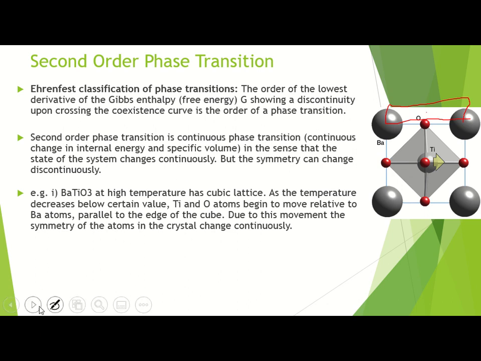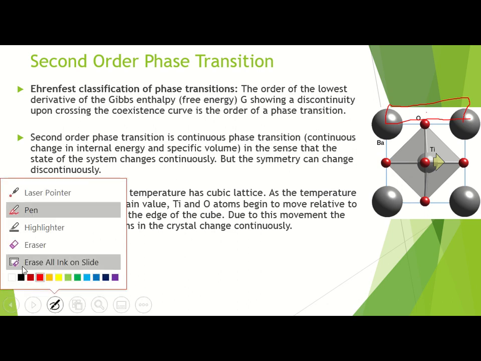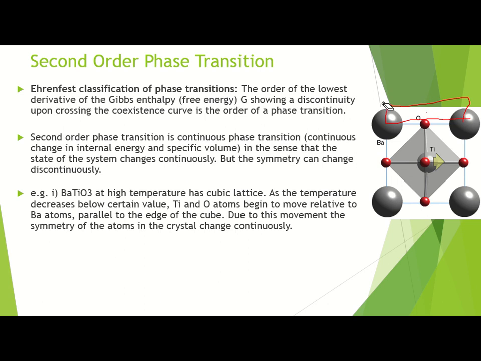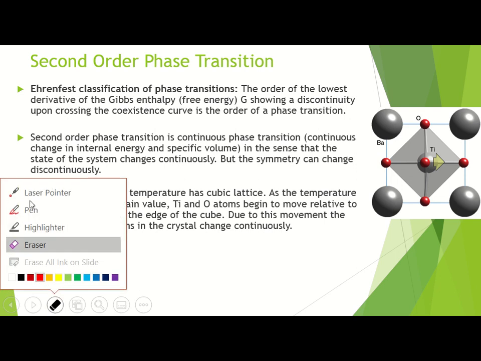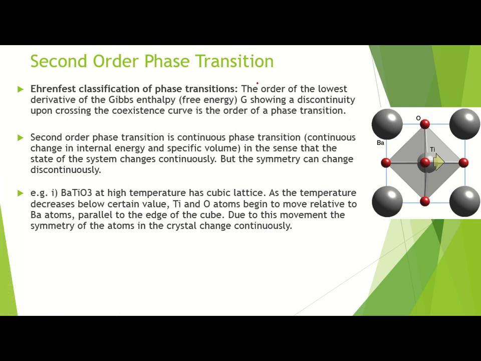Similarly at the other points. This one is also at the face, this one is also at the face, and this is also at the face, and there will be one more exactly behind it.